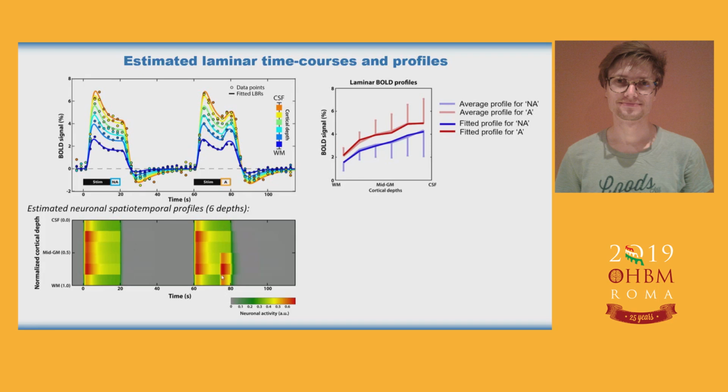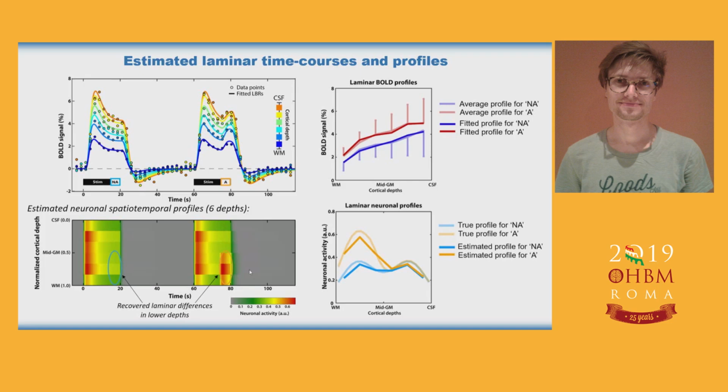So if we focus here, and here more in the detail, we can actually recover the original difference in the amplitude of neuronal response during action and non-action responses, which means that we can actually deconvolve the effect of the ascending vein that is present in our BOLD data.